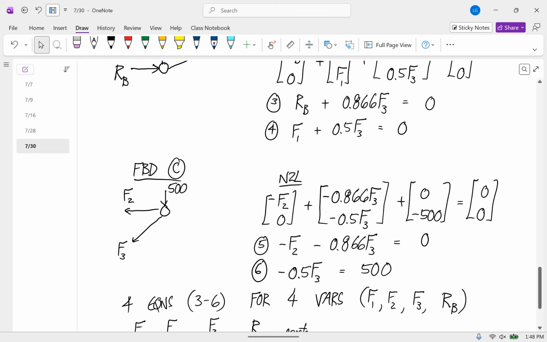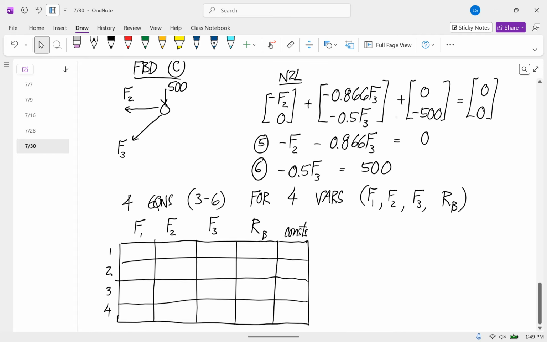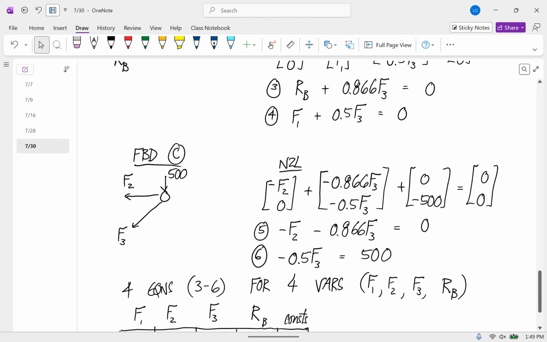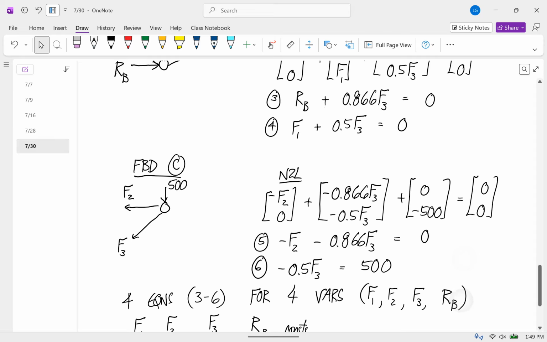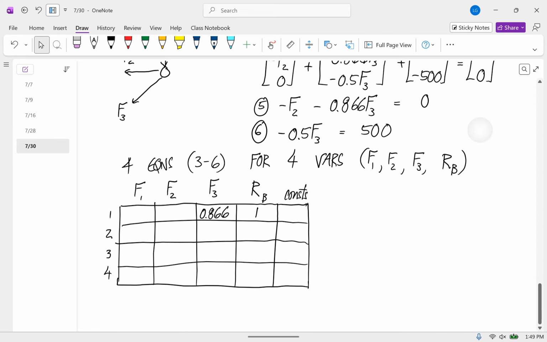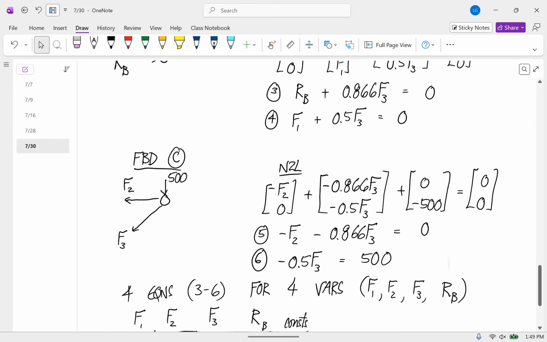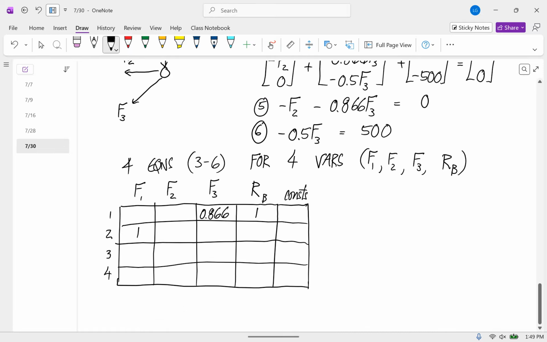But okay, for equation 3, RBs we have 1. F3s we have 0.866. Everything else is 0. For equation 4, F1s we have 1. F3s we have 0.5. Equation 5 now, F2s we have negative 1.